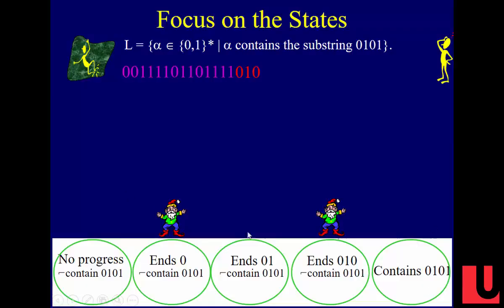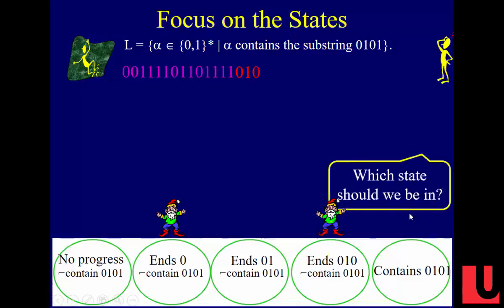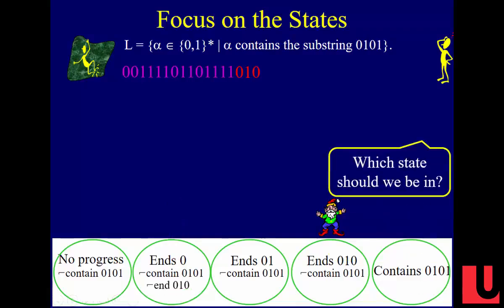So that's not disjoint. So we can throw in here that it doesn't end in that. And then you think, are they disjoint now? Oh, what about this one? No progress. Well, we have to say it doesn't end in one of those things, and now I think they're disjoint.